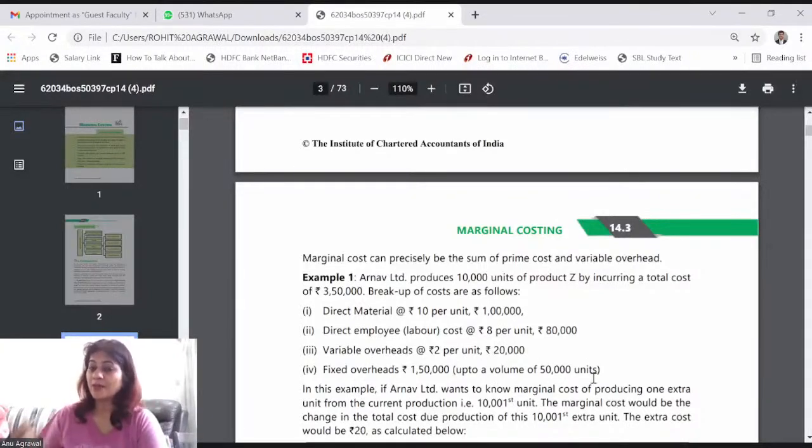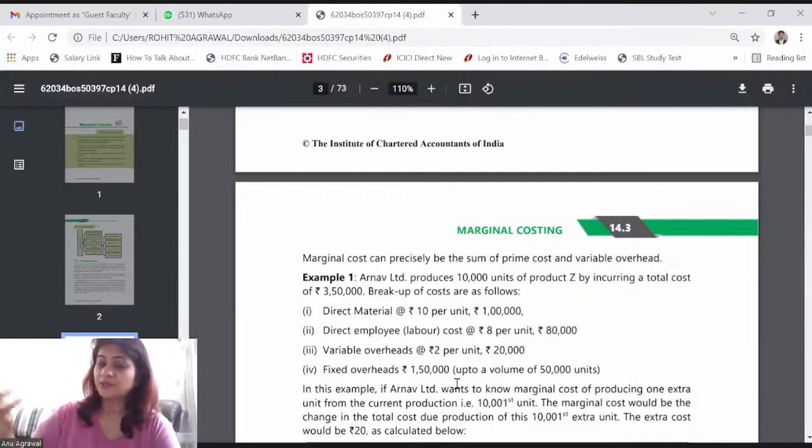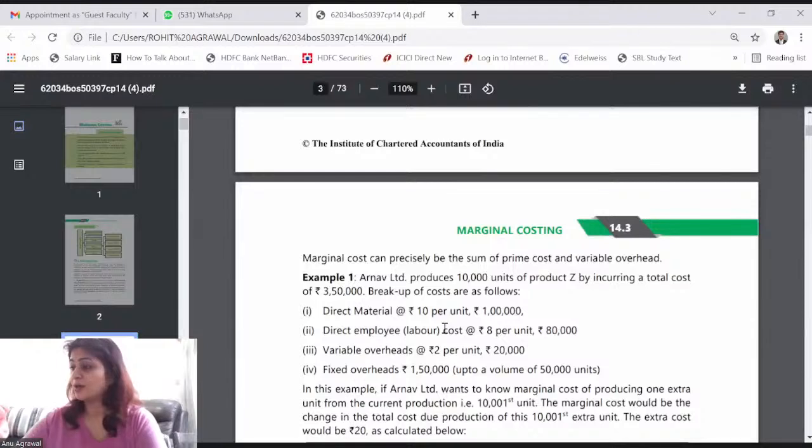That means whether I produce 0 units, 10,000 units, 20,000 units, or 50,000 units, my fixed cost will remain 1,50,000. The moment it is more than 50,000 units, you'll end up spending fixed costs again, right? And the marginal cost of producing a good would be 10 rupees of material, 8 rupees of labor, and 2 rupees of variable overhead. That means 20 rupees is the variable cost, or the marginal cost, of producing a unit.